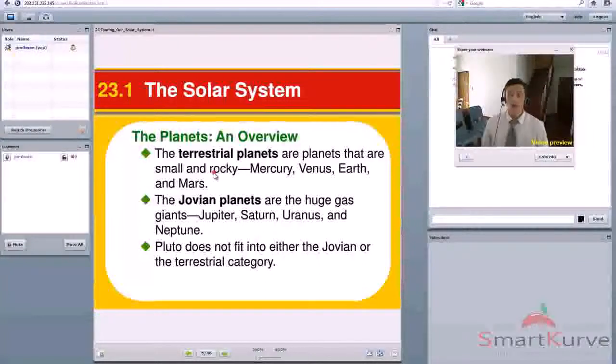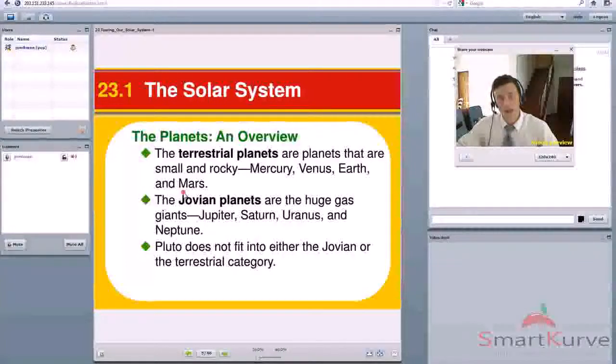The Jovian planets, and that next point, notice that name, Jovian. That comes from the word Jove. Now, Jove is another word for Jupiter. Jupiter was the king of the gods in Roman mythology. And actually, all of the planets in our solar system are named for ancient Roman gods, all the way from Mercury to Neptune.